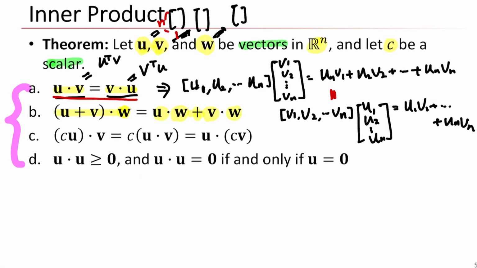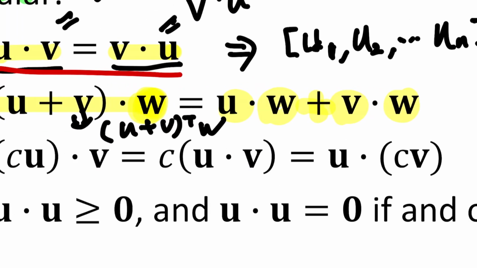So in our case, here, this is the (u plus v) transpose w, something like that, right? And u transpose w, v transpose w, right?